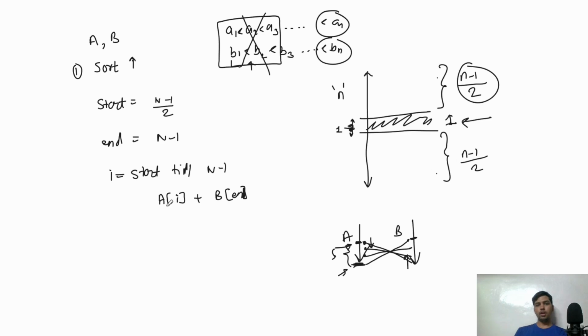After this, as we are in a for loop, we'll increment this I, and also decrement this end. So when I is incremented, in A we move one step ahead, and in B we move one step back. This way we'll pair up the starting and the end in this order.